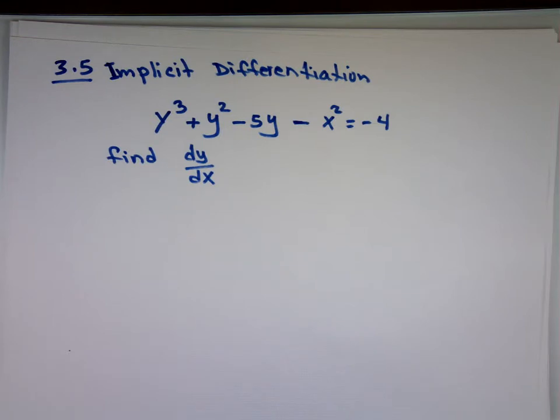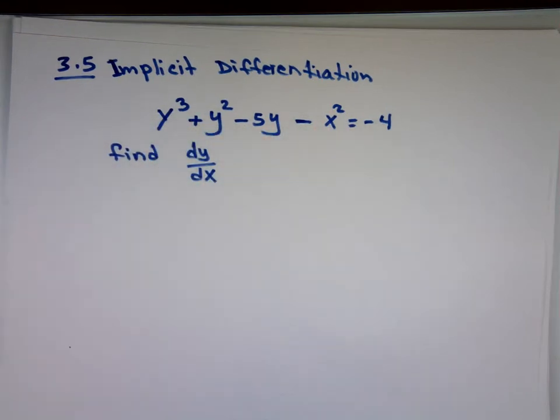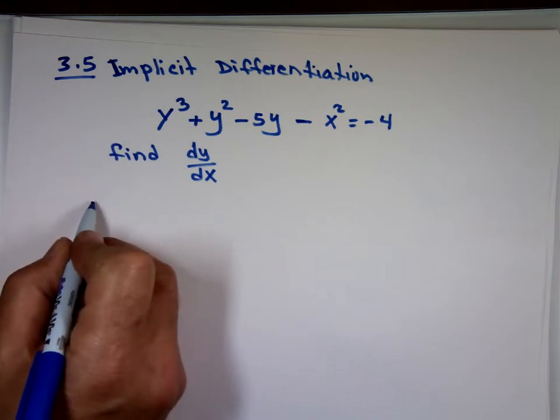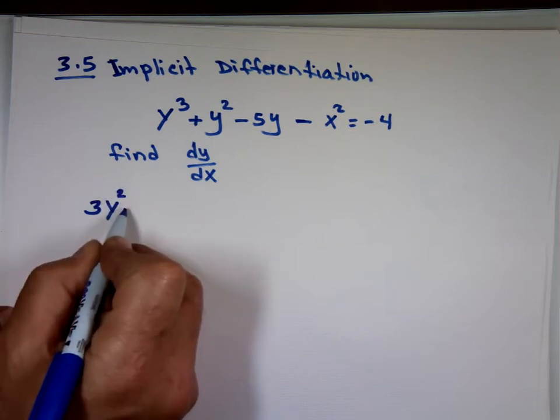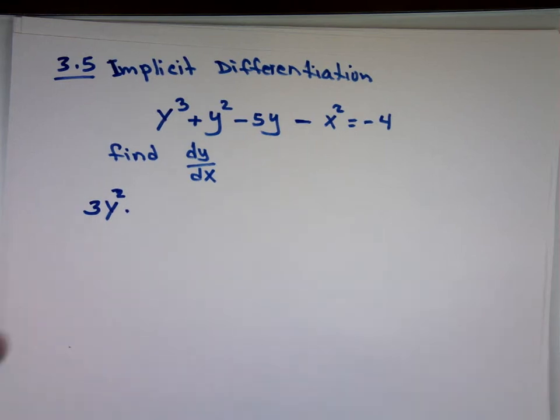Now, what does implicit differentiation say? It says, well, let's take the derivative of each one of them. What's the derivative of y to the third? Well, it's not really 3y to the second, it's half correct. It's 3y to the second, times, because you don't know what y is, you're not taking the derivative dy dy.